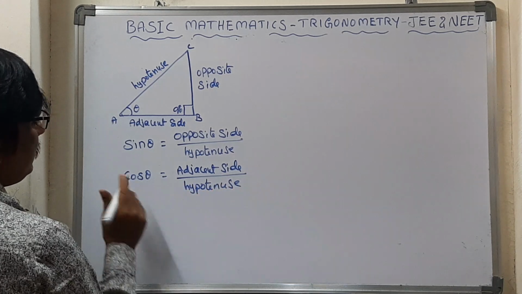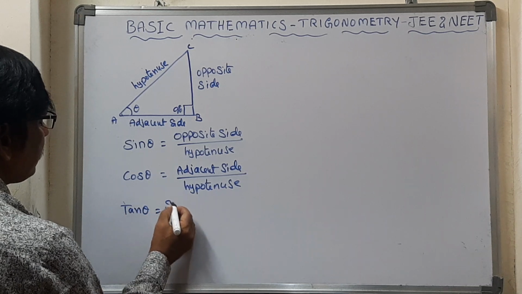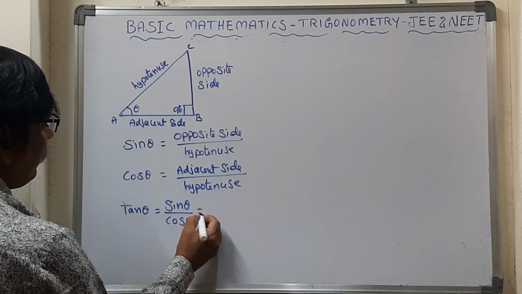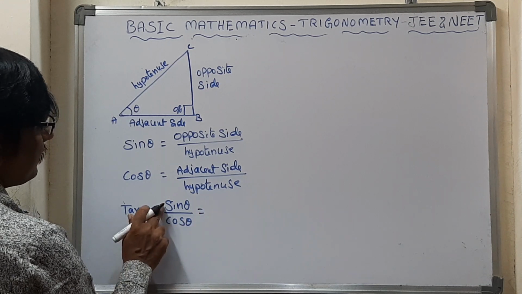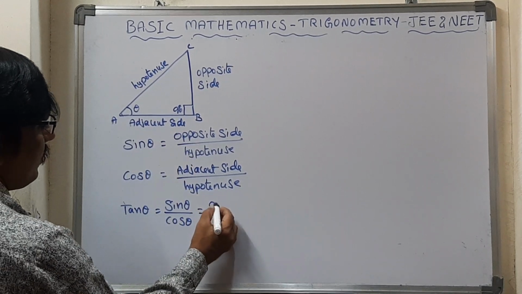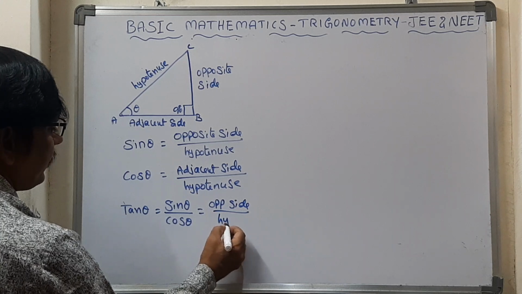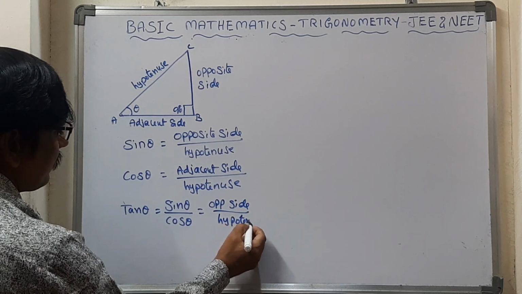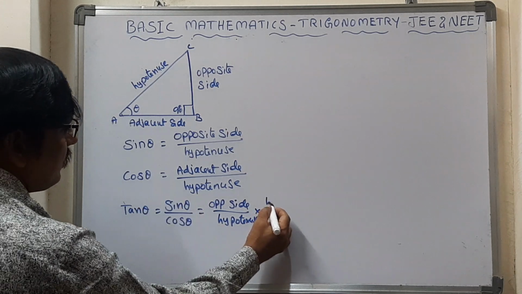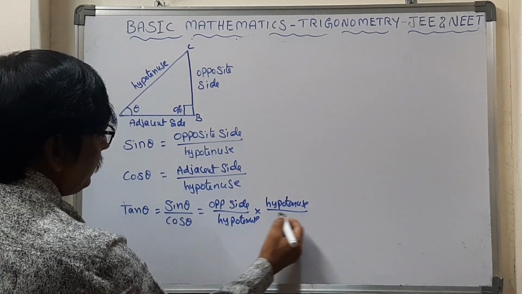The third one is tan theta, which we can call sin theta by cos theta. Sin theta is opposite side by hypotenuse, and for cos theta, the reciprocal comes, hypotenuse by adjacent side.